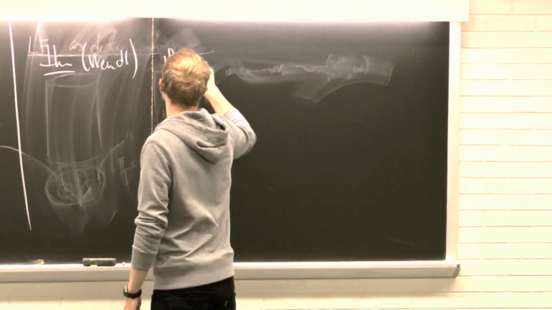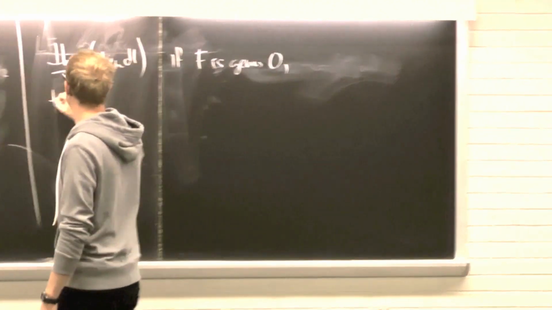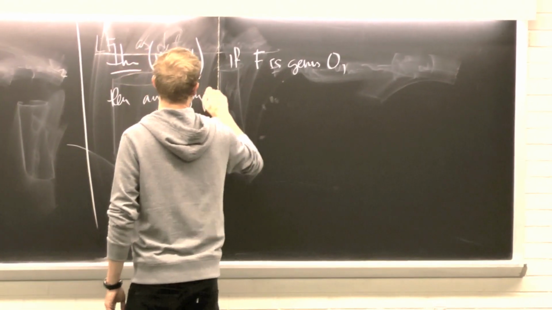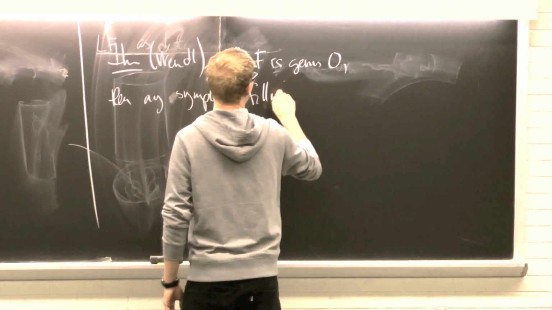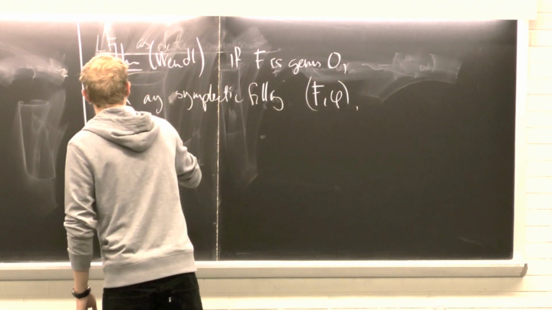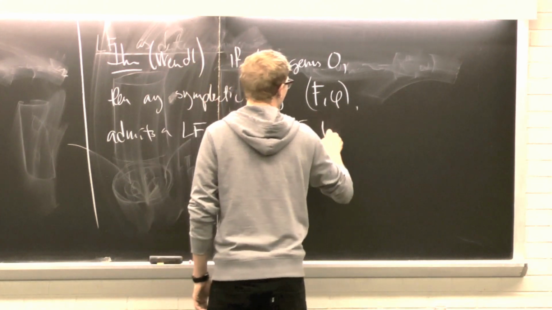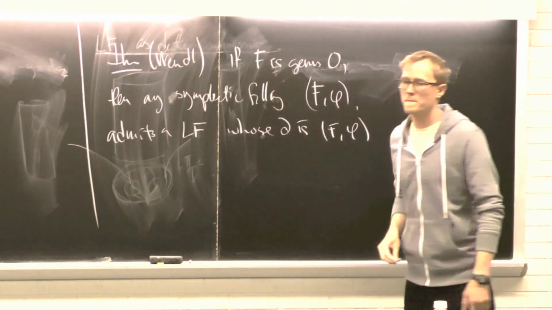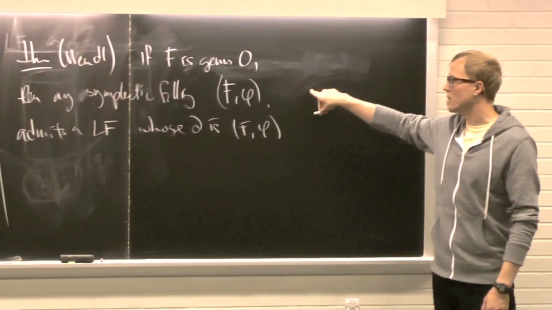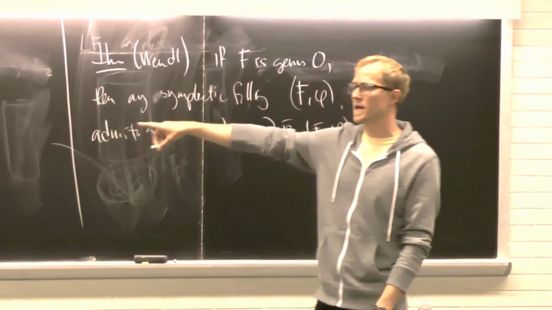What it says is that if F is genus 0, then any symplectic filling of your open book FB admits a Lefschetz fibration whose boundary is FB. So in particular, if you have a planar open book, where the page is genus 0, then every symplectic filling comes from one of these factorizations of your monodromy into right-handed Dehn twists.